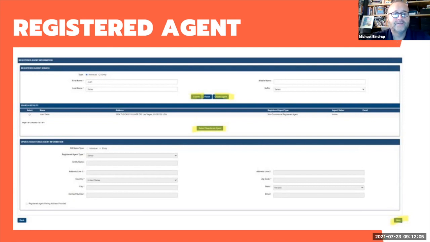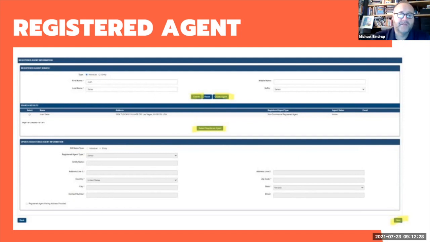So don't think you have to have somebody else as that required registered agent, but you can do it yourself. There's not an issue with it. The only thing you need to do is you need to communicate any official things that come from the state to the ownership of that LLC. And if you're the owner, you kill two birds with one stone, right?